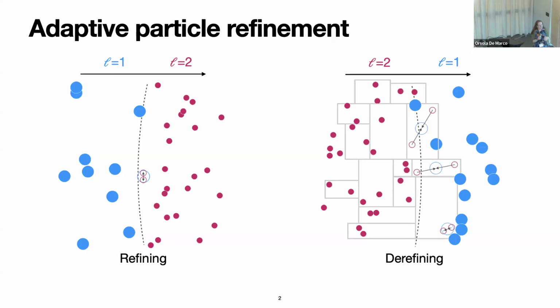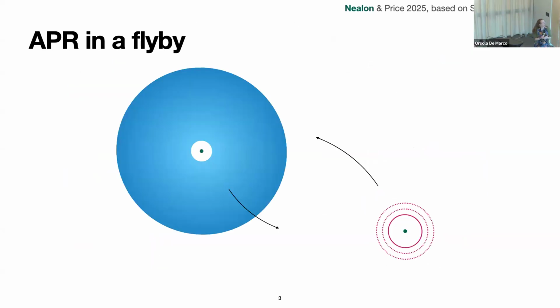It's really exciting because it allows us to do a bunch of things that we weren't able to do before. As a first example of what we can use it for, one of the best tests we had in the paper was this flyby scenario. It's inspired by some work by Jeremy Smallwood that we were involved in, where he had a star with a disk around it, and another star came and had a gravitational interaction with the disk and the star.